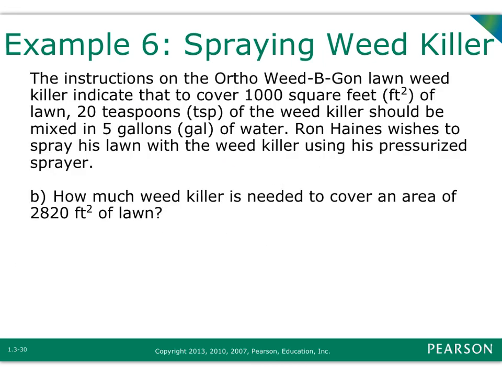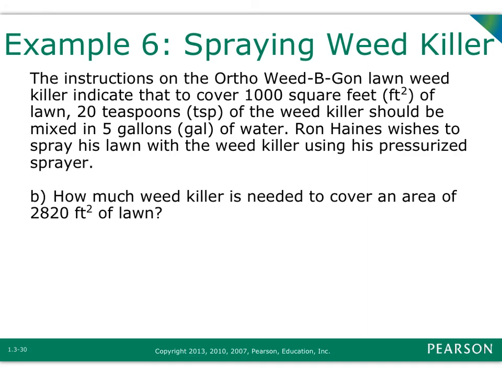The instructions on the Ortho Weed Be Gone lawn weed killer indicate that to cover 1,000 square feet of lawn, 20 teaspoons of the weed killer should be mixed with 5 gallons of water. But Ron wishes to spray his lawn with the weed killer using the pressurized sprayer.